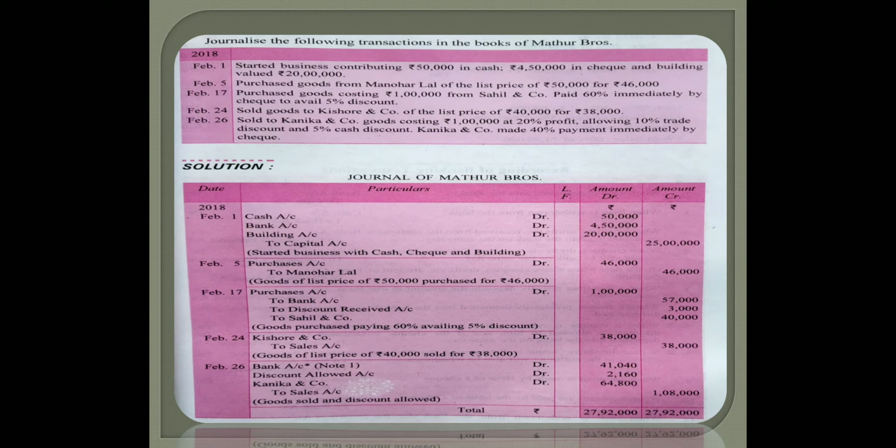So the amount for the bank will come 57,000 because 3,000 will be deducted. The rest amount will be credit purchase and it will come by the name of Sahil and Company. So we will write here to Sahil and Company 40,000 rupees.